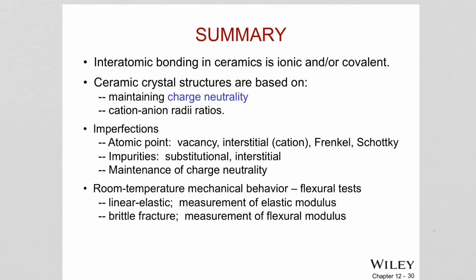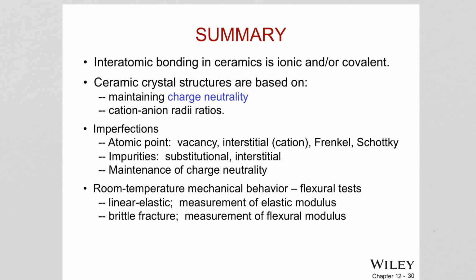So in summary, what we have learned is about ceramics. We learned they are rather complex structures. They can show ionic and covalent bonding, and they need to always maintain charge neutrality, and you need to keep that in mind when trying to understand the formation of defects. The cation to anion radii ratios will determine what type of structure the ceramic will have.